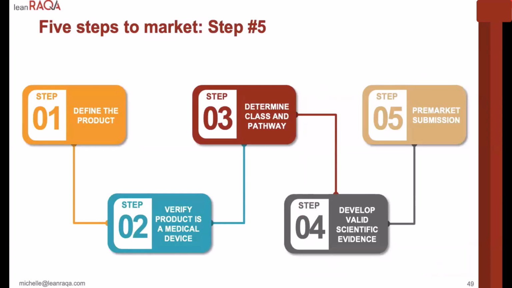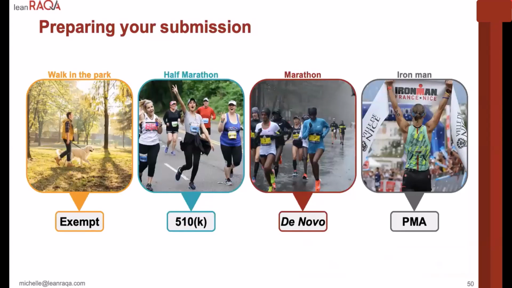So let's look at the types of pre-market submissions. These can range anywhere from being 510K exempt to requiring a 510K to being more like a marathon and doing a de novo to being like an Ironman with that pre-market approval or PMA.